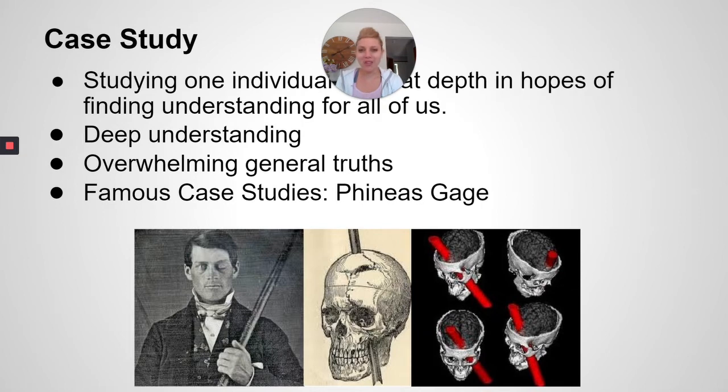But even though he survived, there were some pretty distinct differences that started happening to Phineas and his behavior afterwards. Prior to this railroad accident, he was a pretty stand-up guy. He attended church regularly. He was a hard worker. He's just kind of a standard normal dude.